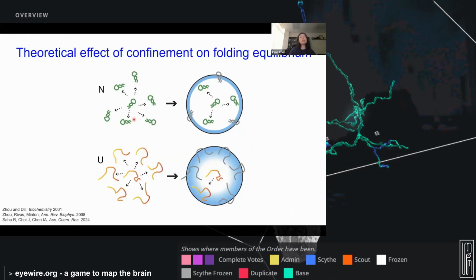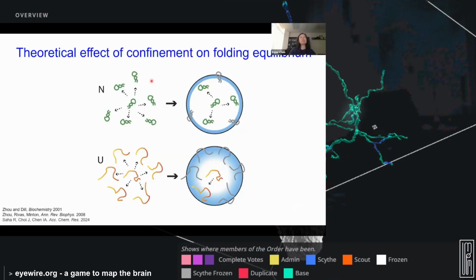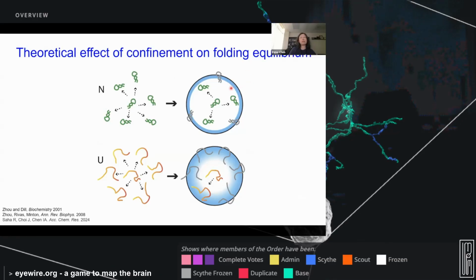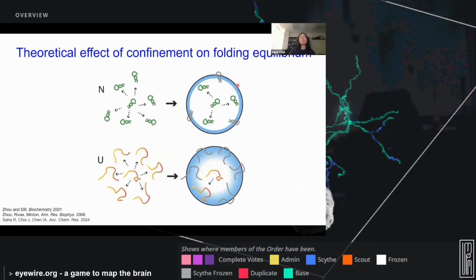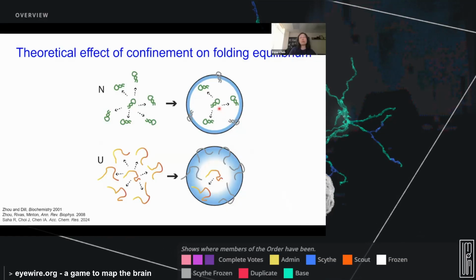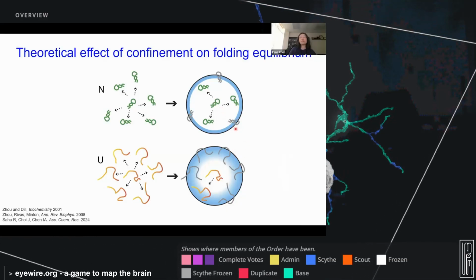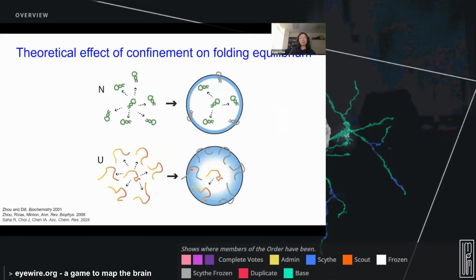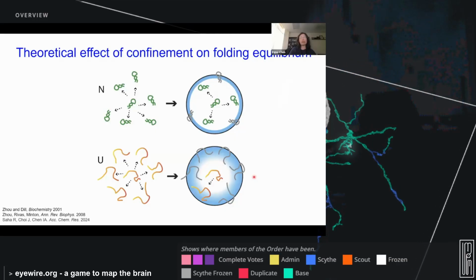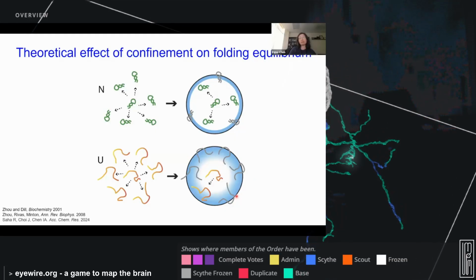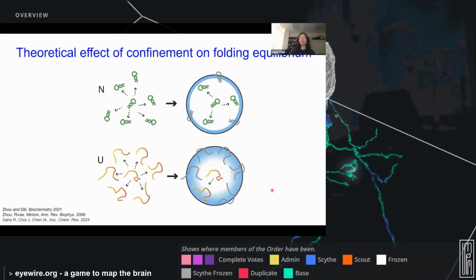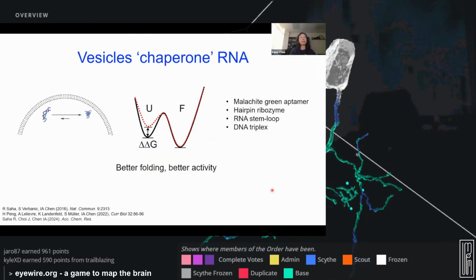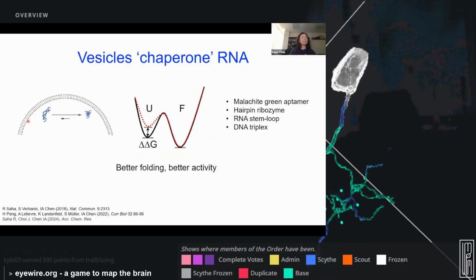So in both cases, you could say that there's some destabilization if you're going from free solution to being confined. But if you're comparing confined for the folded versus the unfolded, then there's a relative stabilization of the folded versus the unfolded because you have this greater exclusion of possible states for the unfolded version. Hope that was a decent explanation.